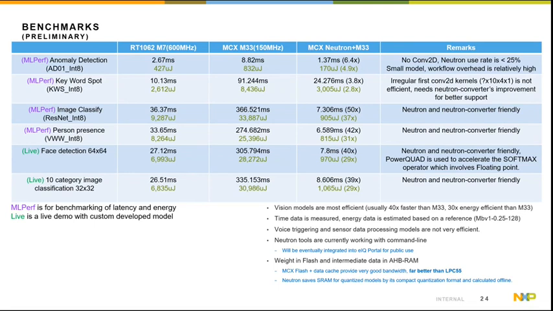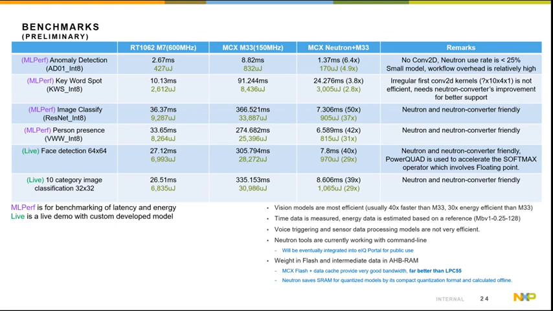The anomaly detection uses a neural network to identify anomalies in machine operating sounds. And the keyword spotting also uses a neural network that detects audio keywords from a spectrogram.